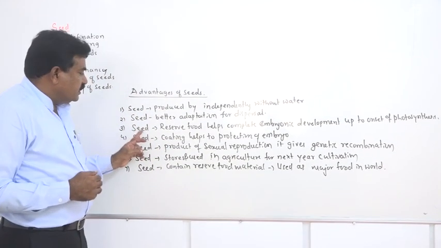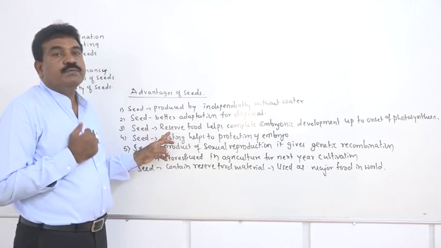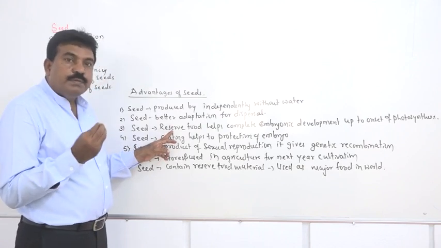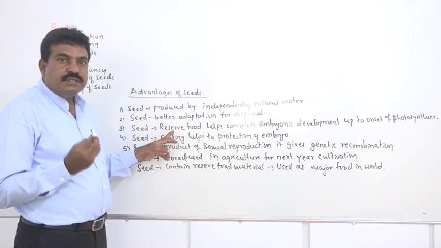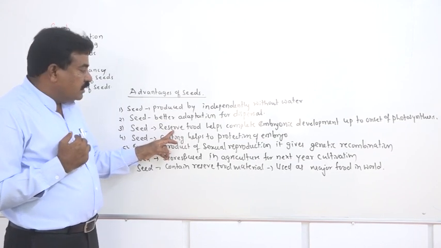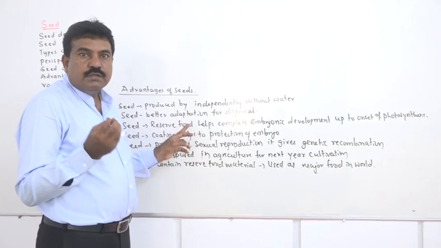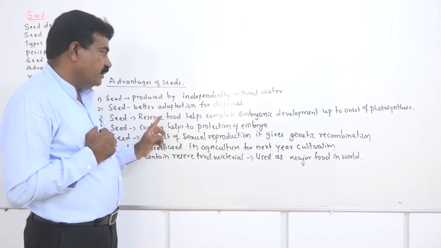The third use of seed is that it contains a huge amount of reserve food material. For example, pulses are very rich in proteins, cereals are very rich in starch, and oil seeds like groundnut, coconut and sunflower are rich in oil.